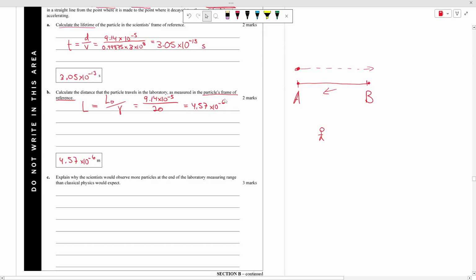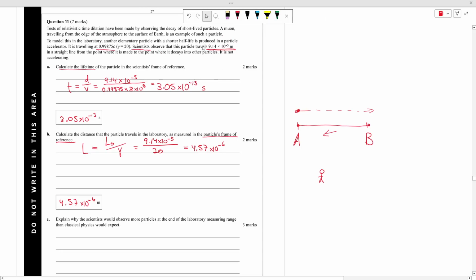So it takes a shorter amount of time for them to travel that distance, which means from the muon's perspective, they're going to be able to travel that distance of this laboratory and still be alive. I'm talking anthropomorphically here, but they haven't decayed yet because they reached the end in a shorter time than their normal half-life.